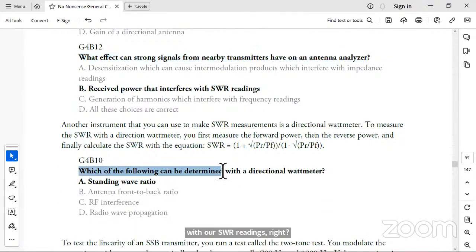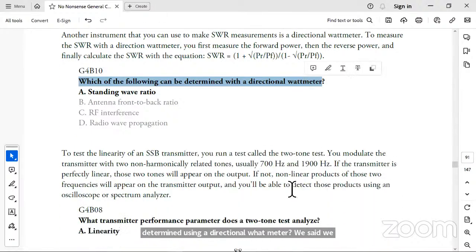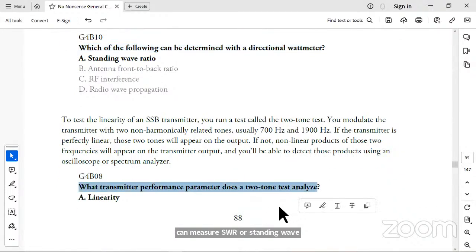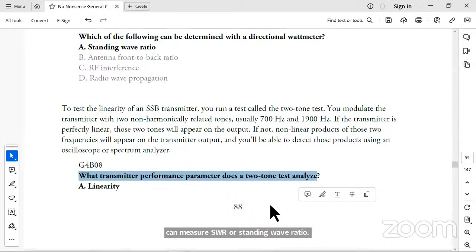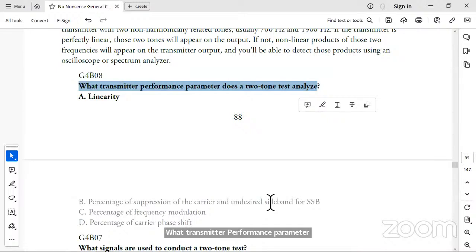Okay, next question. Which of the following can be determined using a directional wattmeter? We said we can measure SWR, or standing wave ratio. What transmitter performance parameter does a two-tone test analyze, right? So we're dissecting this question.